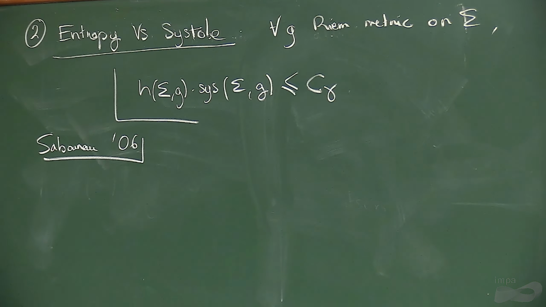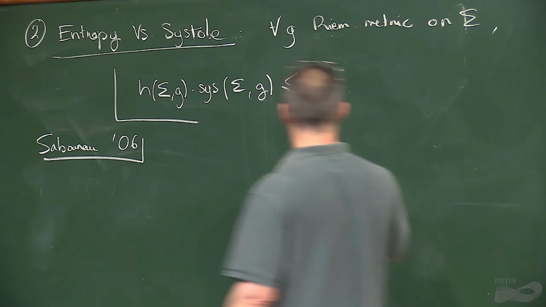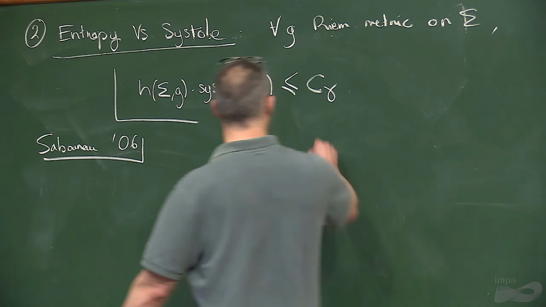It is expected that this constant is a bad constant. Sorry, Stéphane. I mean, it's nice to have a constant, but it's a bad one. And the optimal one should be something like C log of the genus.